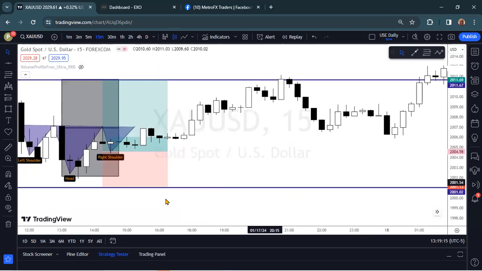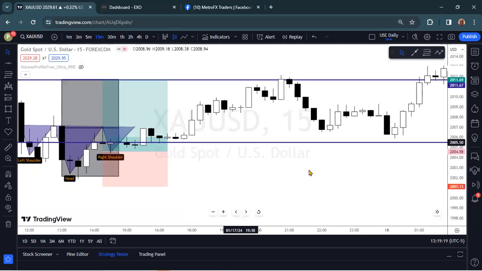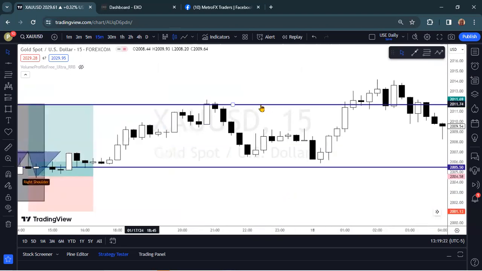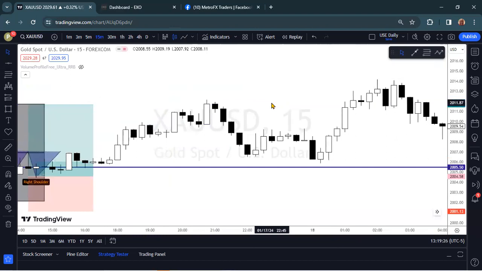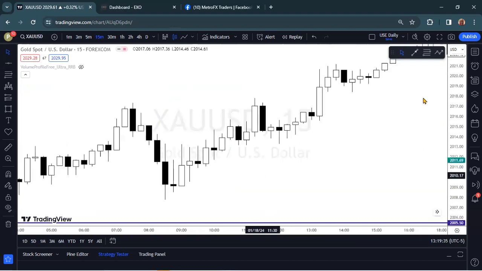Or you move your stop loss. Now you're in a winning trade. You move your stop loss right here, and you keep the trade going live. You just take off the TP. You no longer want this TP. You're in a winning trade now, because if it comes back down, it doesn't matter. You just ride it out, ride it out, ride it out.